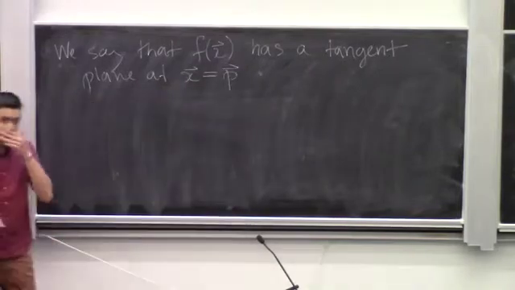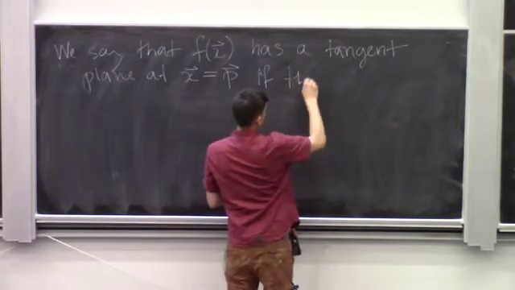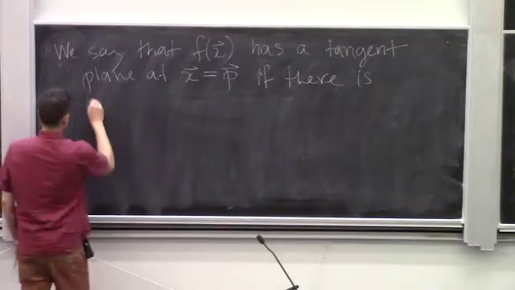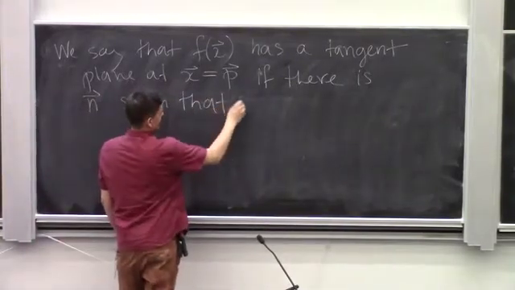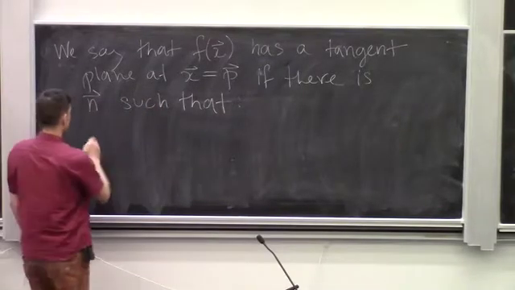Okay, so we'll say that something has a tangent plane if there's a normal vector n such that the following limit holds.